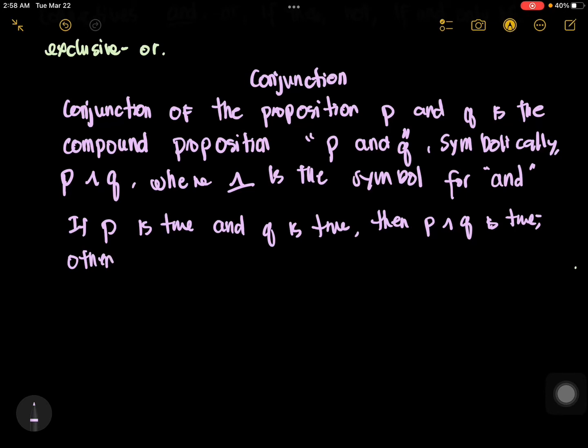Otherwise, P and Q is false. So the meaning is the conjunction of two propositions is true only if both propositions are true. So we need that the P is true and the Q is true to have a result of true as the truth value. Otherwise, it's false.